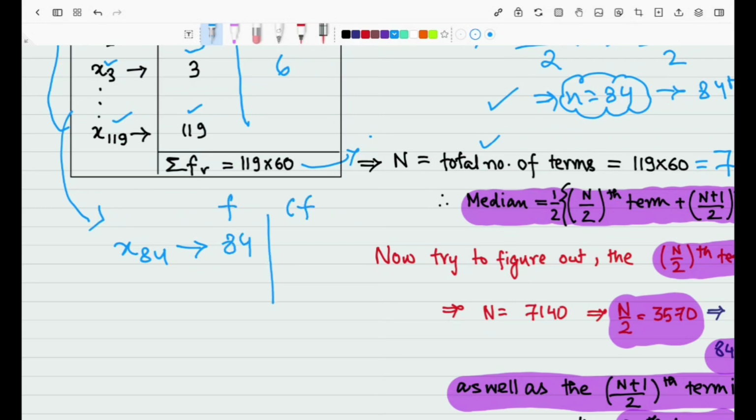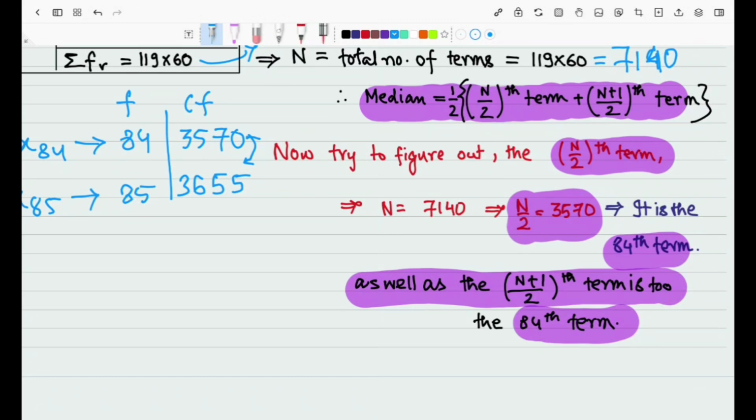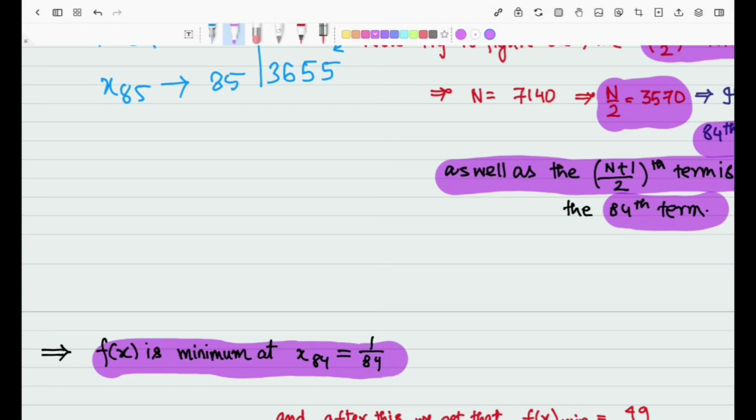After that, the cumulative frequency will be 3570, and when you write x of 85, the frequency will be 85 and the cumulative frequency will be 3655, right? So there is nothing in between these two, other than x of 84. Therefore we can say that x of 84 is the answer to the following problem, that is, f of x is minimum at x equal to x84.